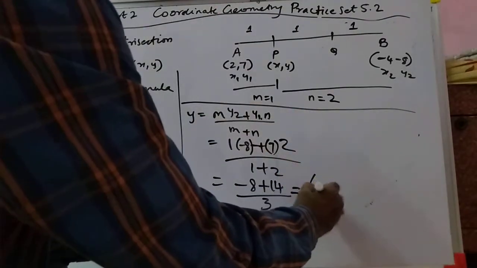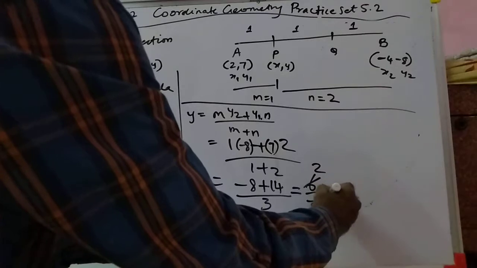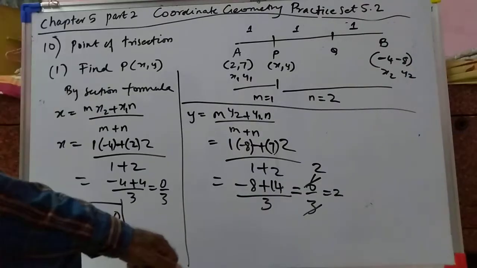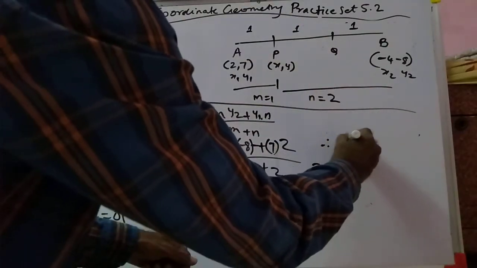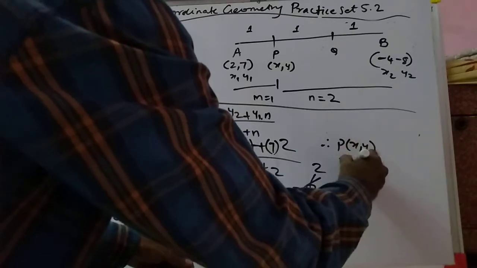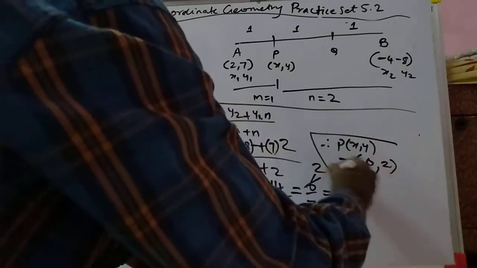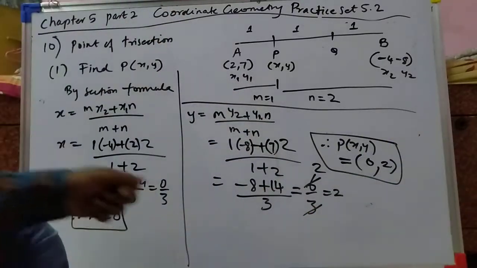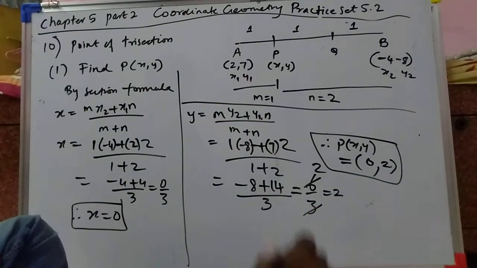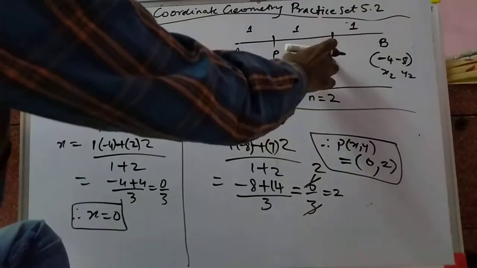So that will become 6 upon 3, equal to 2. Therefore point X comma Y is equal to 0 and 2. Okay, so I hope you got this. Next we do for Q.